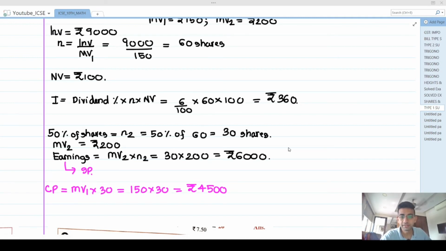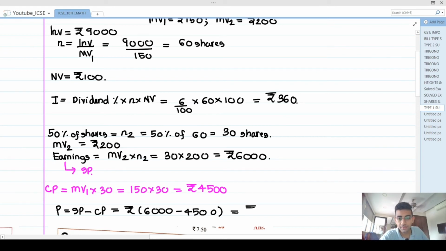His profit becomes SP minus CP, which was rupees 6,000 minus 4,500, and that becomes rupees 1,500, and this 1,500 is your final answer.